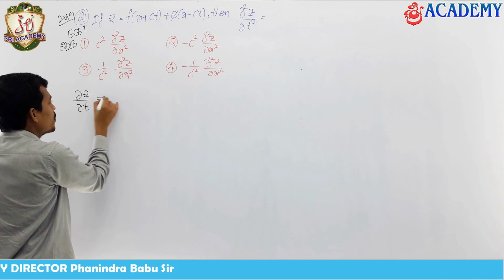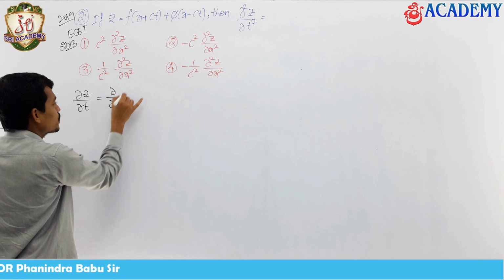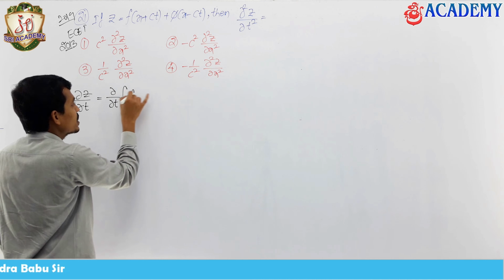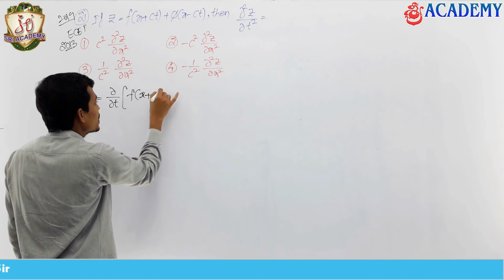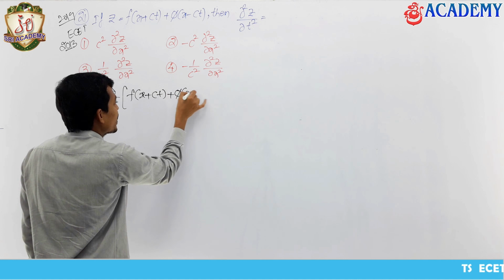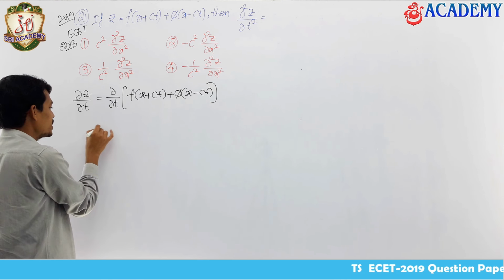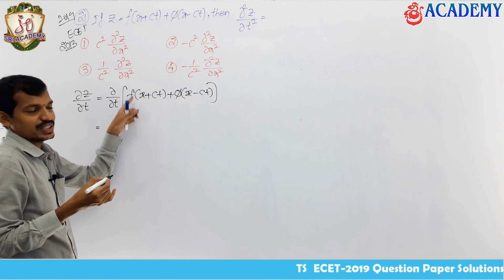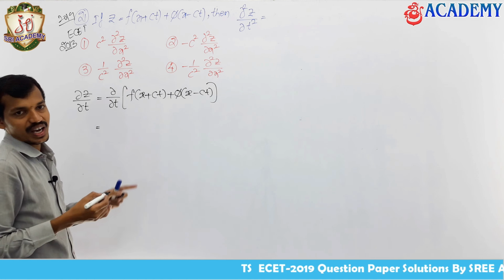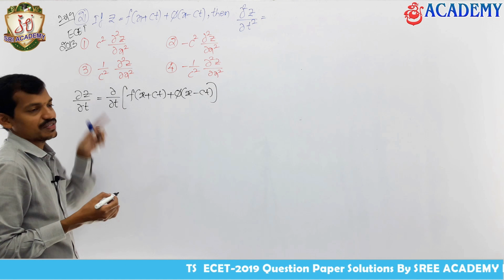That is partial differentiation with respect to t, where z is f of x plus ct plus pi of x minus ct. Now applying partial differentiation, the derivative of a function we represent with f dash. F of x derivative is f dash of x.